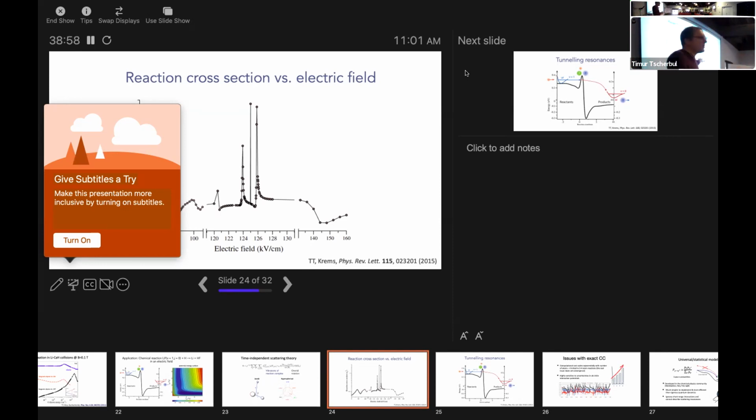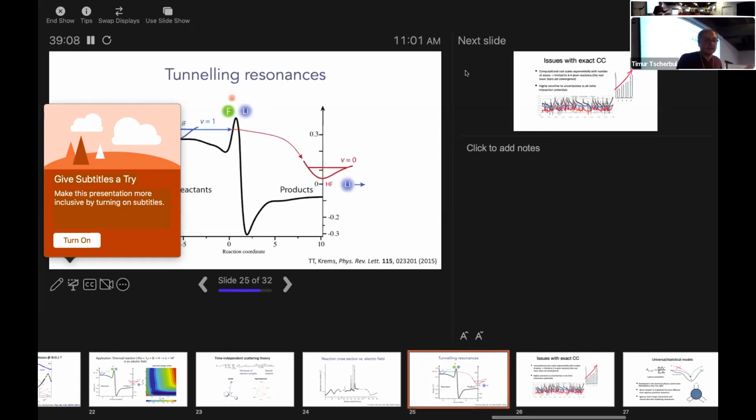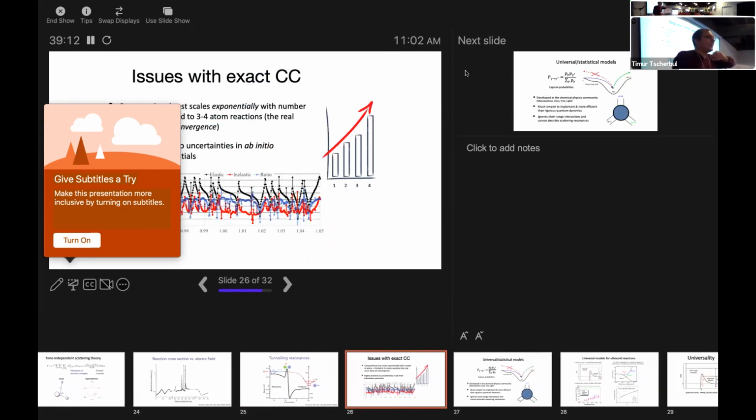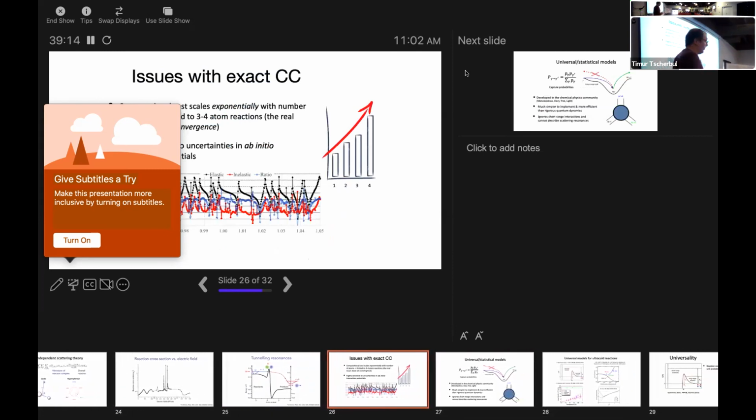But the point of this is just to illustrate that calculations can be done by solving the Schrödinger equation, and interesting resonances can be predicted. Of course, potentials will change that. If you change the potential a little bit, and that's my next point, you typically get huge variation. Well, not always, but for many reactions, especially reactions with a barrier, you get these ups and downs, and they span like 8 orders of magnitude.